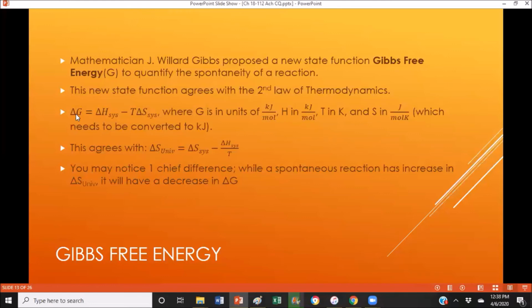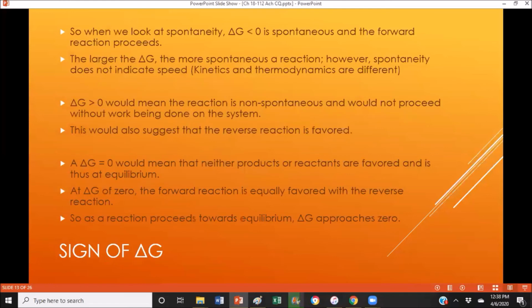So we're going to look at mostly negative delta G's. When delta G is negative, we consider this a spontaneous reaction. So that means this reaction is a forward proceeding reaction. It wants to go to products.